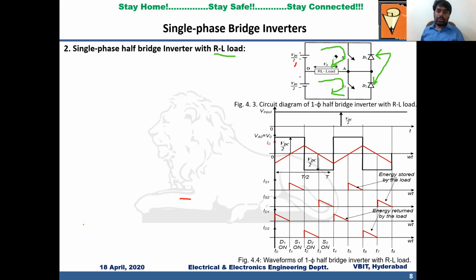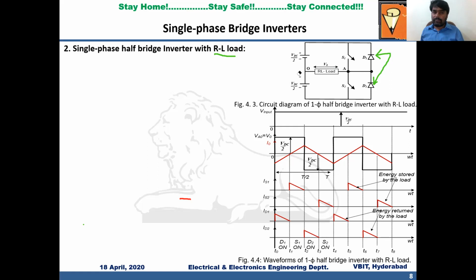Now the load is resistive and inductive, which means the inductor is an energy storage element. Whenever the load is connected to the source, it will store a certain amount of energy, which is half L i square. When the load is disconnected from the supply, the load may inject some power into the source, or feed power back to the source.